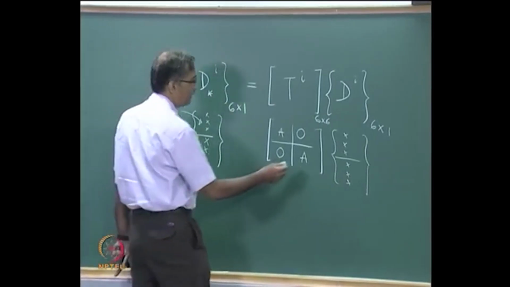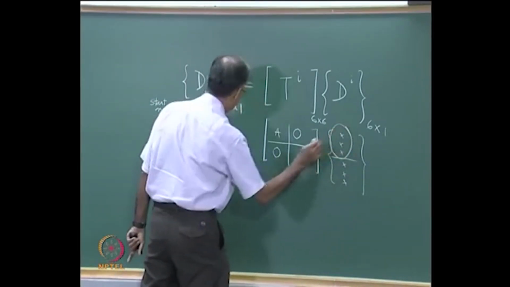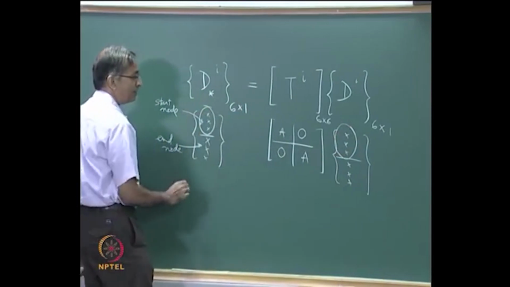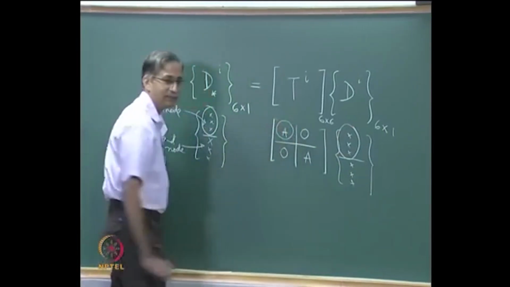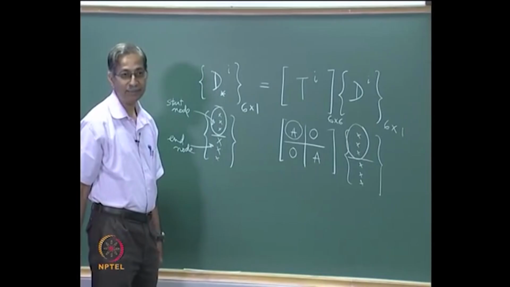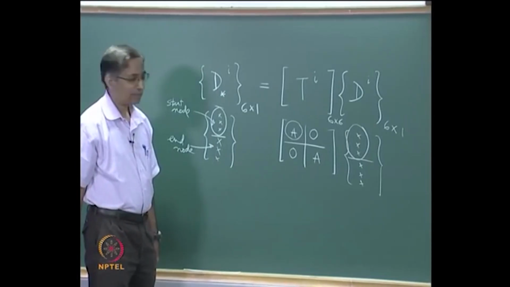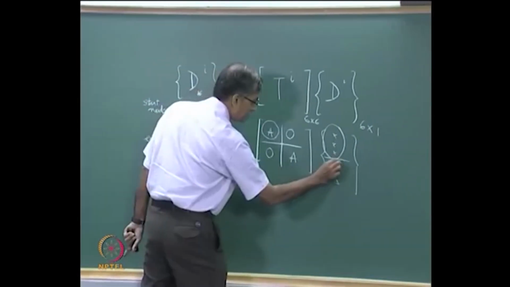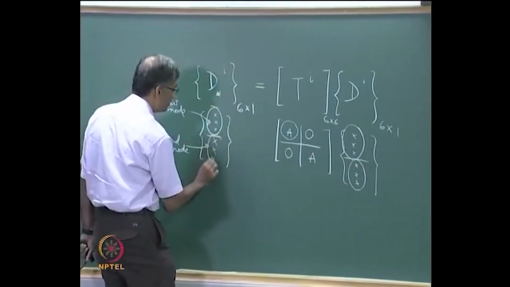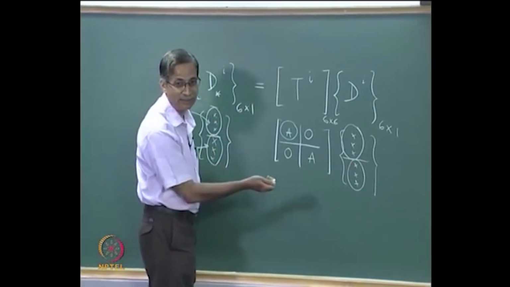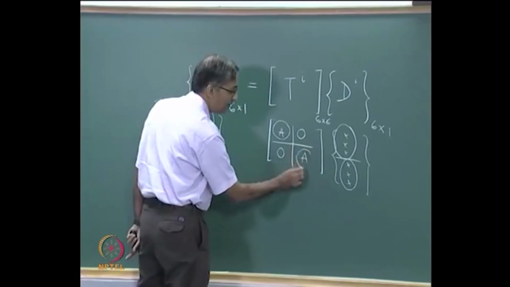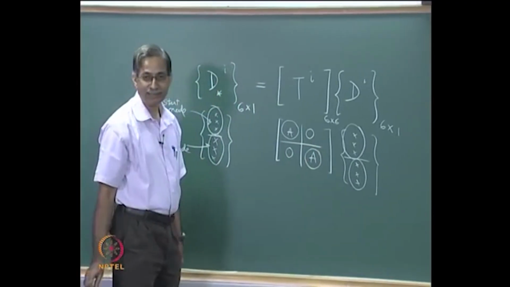Now this is related to this through this transformation, right? This will be related to this through a similar transformation, isn't it? Does it make sense?